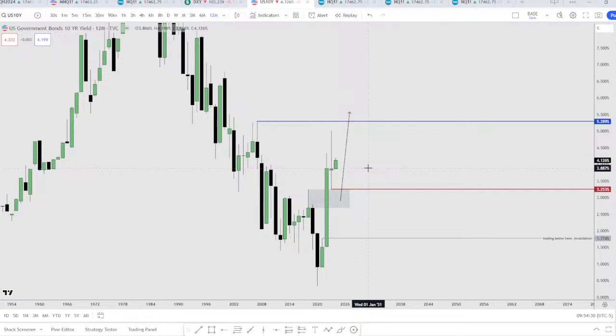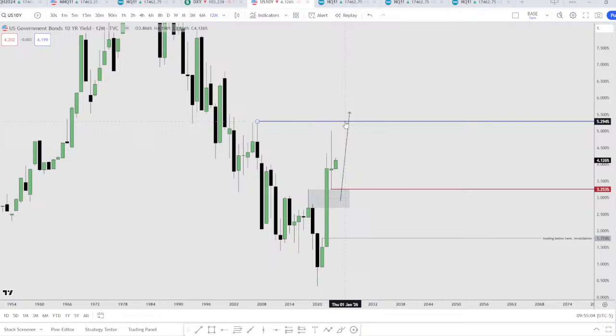But in this case, because indices is at all-time highs, and if we get the dollar attacking the highs first, we're going to have a reversal, and I'm not sure if indices is going to follow through with its own crash, or it's going to remain strong and we're going to have a really strong bull run.